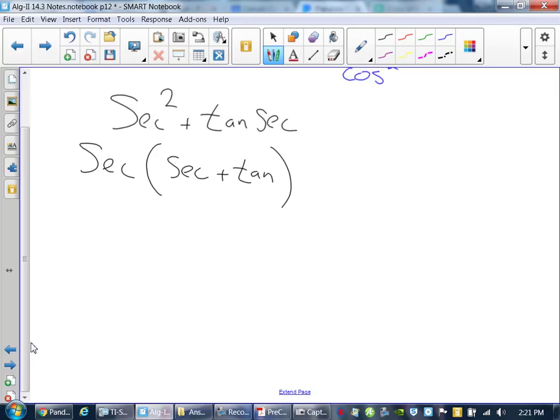Now, knowing that I have to get to some fraction, what I want to do is work with the stuff on the interior of the parentheses, because there's addition, which means I can write them as a fraction and see if I need to get a common denominator as well.